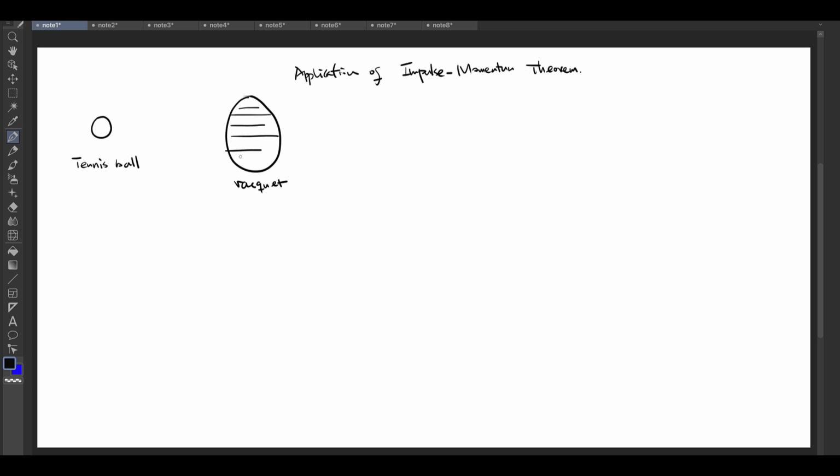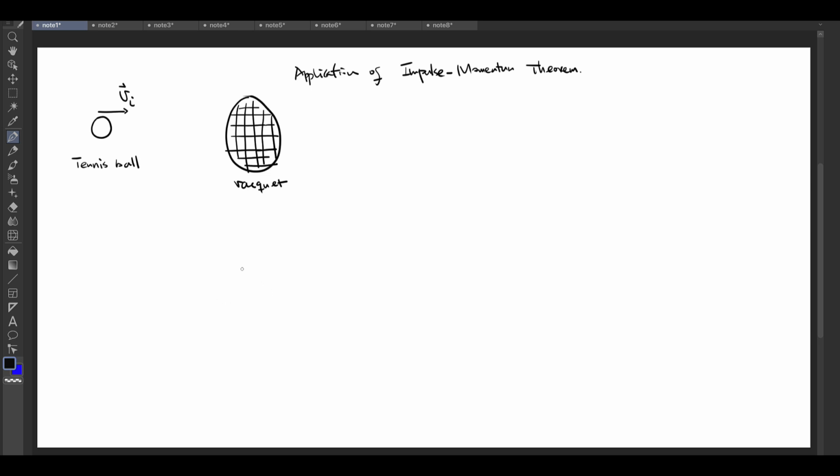Let me draw a schematic picture to represent these two objects. Okay, so here's the net of the racket. Now we have a tennis ball that flies in with some initial velocity. Let's call this vi, before it hits the net.